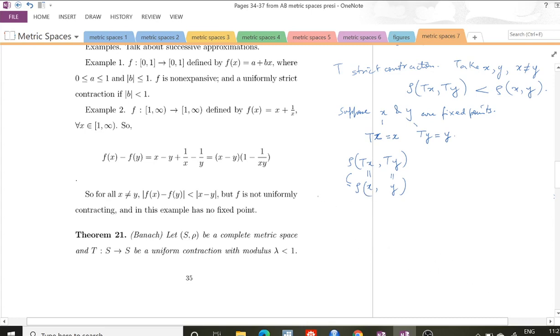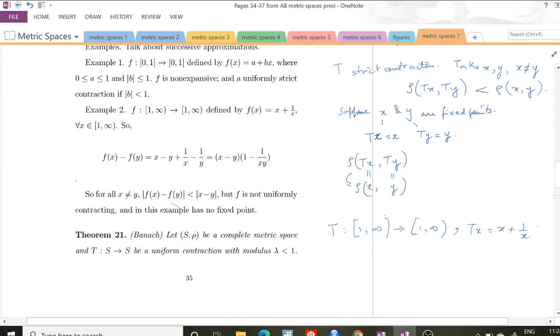And this is an example to show that if you simply have a strict contraction, a fixed point may not exist. So consider this mapping T from 1 to infinity to 1 to infinity, defined by Tx is equal to x plus 1 by x.